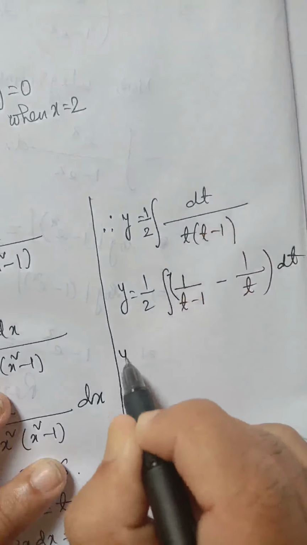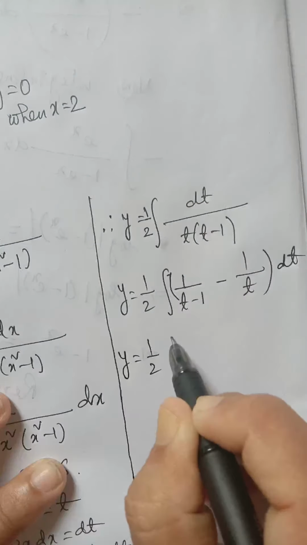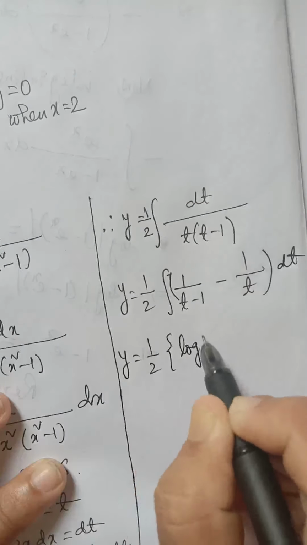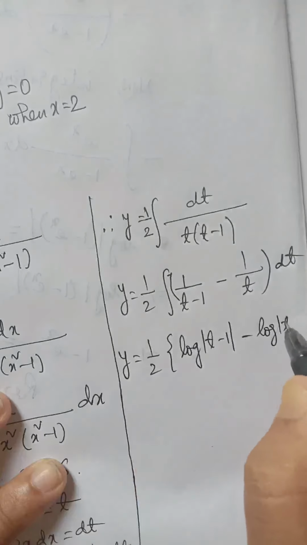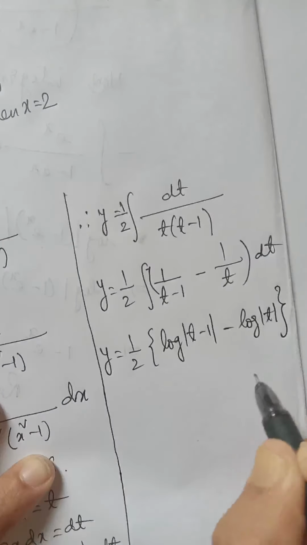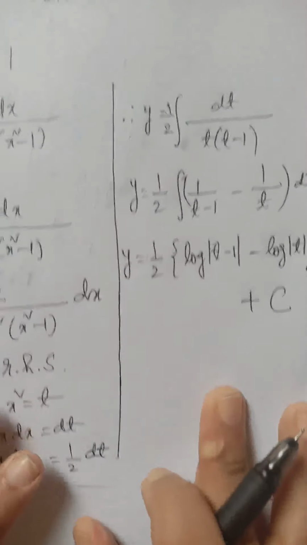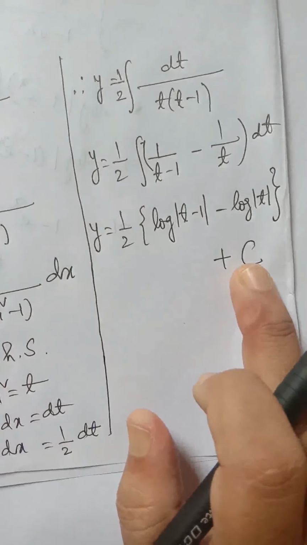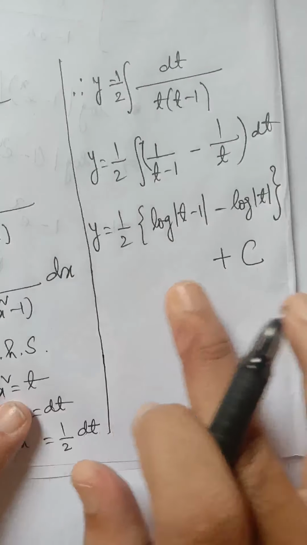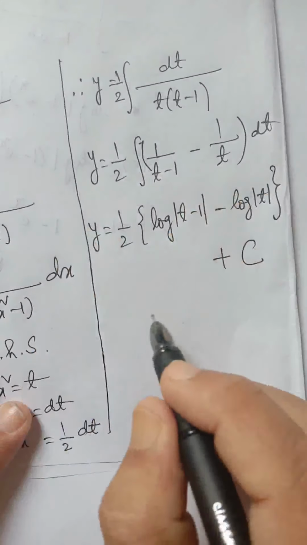And now integrating, y equal to half of log of (t minus 1) minus log of t, plus c. We have to write this, otherwise 1 mark will be deducted, because solution means a relation between variables and constant.